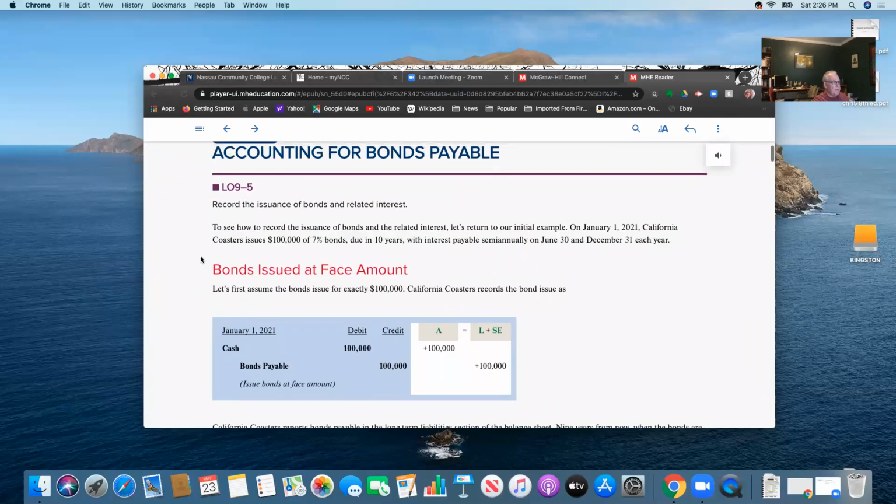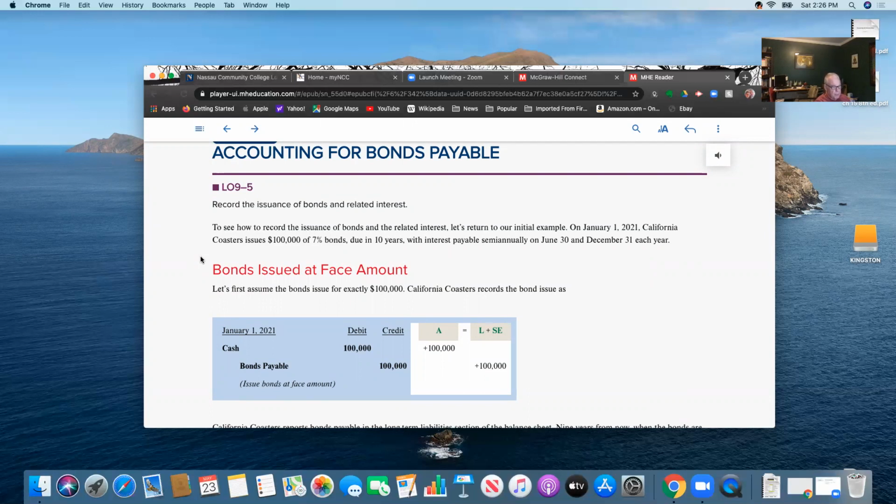Now this next topic, we're going to start out simple, and then it gets kind of difficult. One of the things that makes bonds different than borrowing money from the bank: typically, if you borrow $100,000, you have to pay back $100,000.